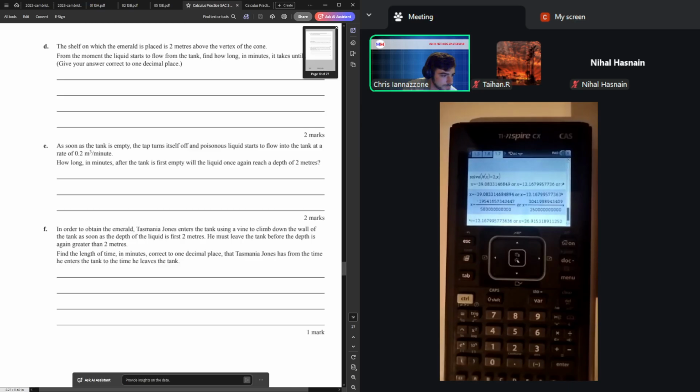This one's going to be tricky, I think. So there's that unit again, the 0.2 meters cubed per minute.